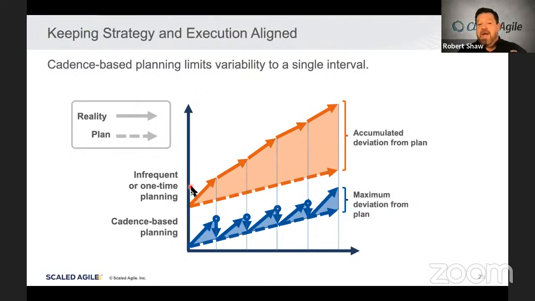It should absolutely allow for adjustment or alignment or learning around the strategy, but it shouldn't be something that's left unchecked. I used to say hope is not a strategy. We don't set it and hope we get there. You get what you inspect, not what you expect. So we want to make sure that along the way we're checking in.